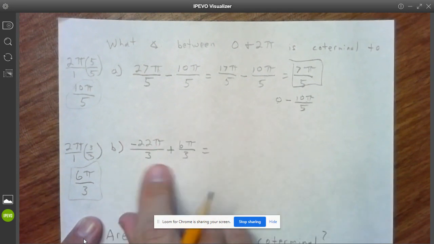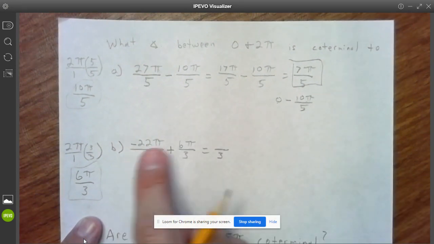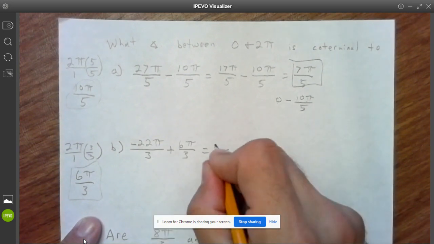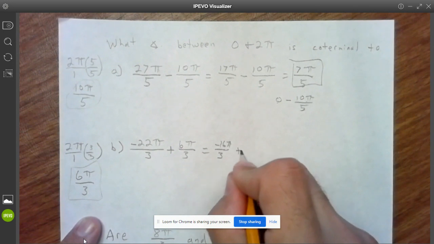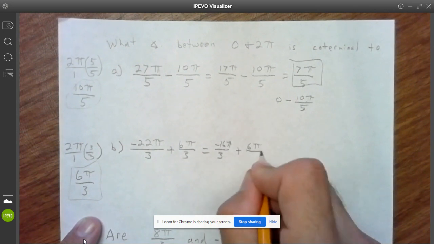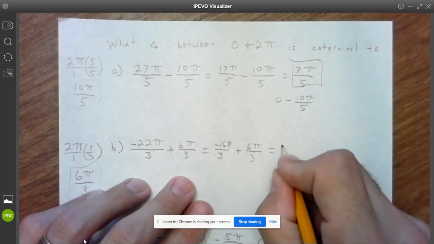All right, same terms here, same denominator. Negative 22 plus 6 is negative 16. Then we have to add another one. Negative 16 plus 6 is negative 10.